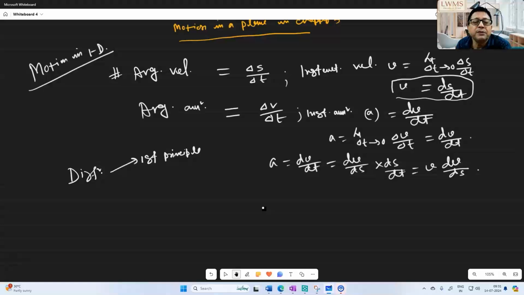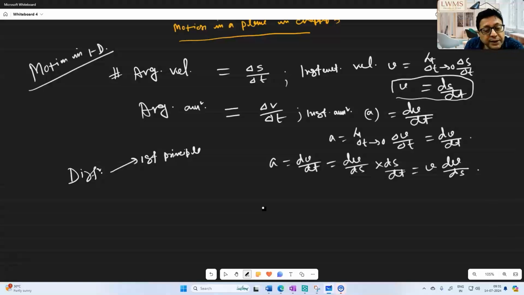Actually, first principle will give you the concept. First principle differentiation you need for your school based examination. In entrance examination, first principle has no application, but it is a concept building topic.